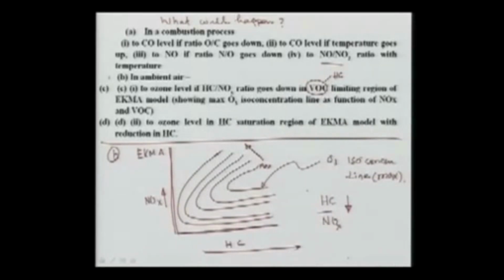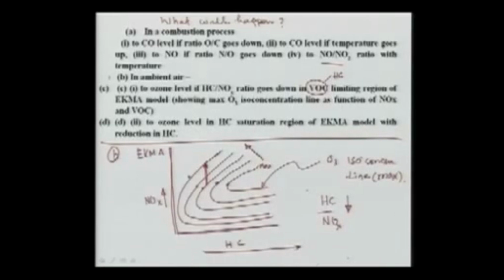So if I'm increasing NOx, then I'm moving in this direction. As I move in this direction, my ozone levels are dropping, because this is the maximum ozone concentration, then smaller, then smaller, then smaller. So by increasing the NOx, I'll reduce the ozone level. Somebody can argue that I can reduce this ratio by decreasing hydrocarbon.